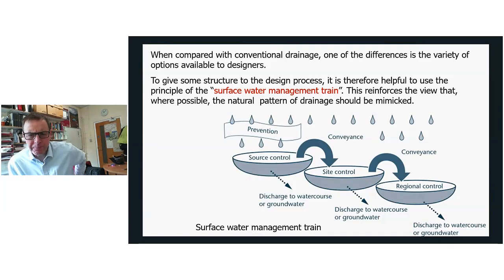So when we compare SUDS schemes to conventional drainage systems, one of the key differences, and hopefully you've picked up this one already, is the sheer diversity of different approaches you can take that, to a certain extent, flexibly work with the kind of development you've got.